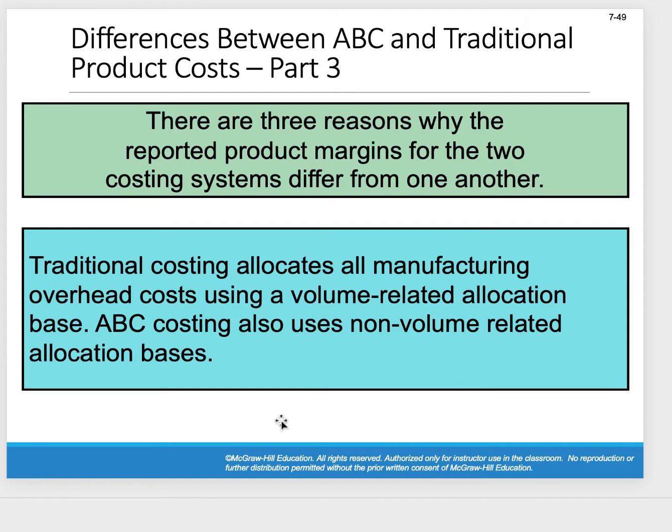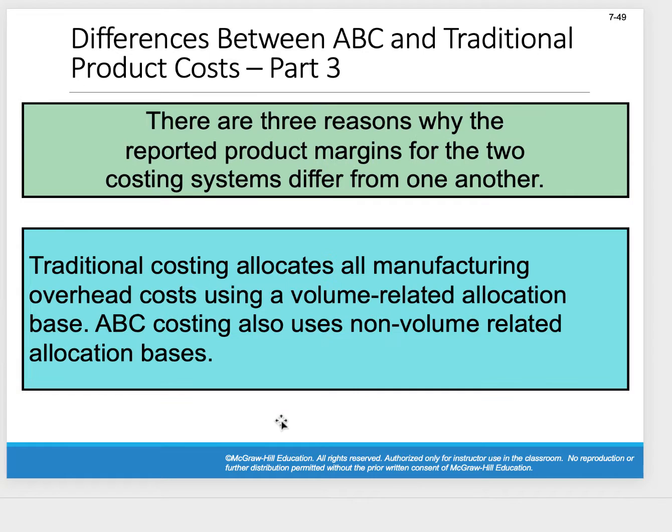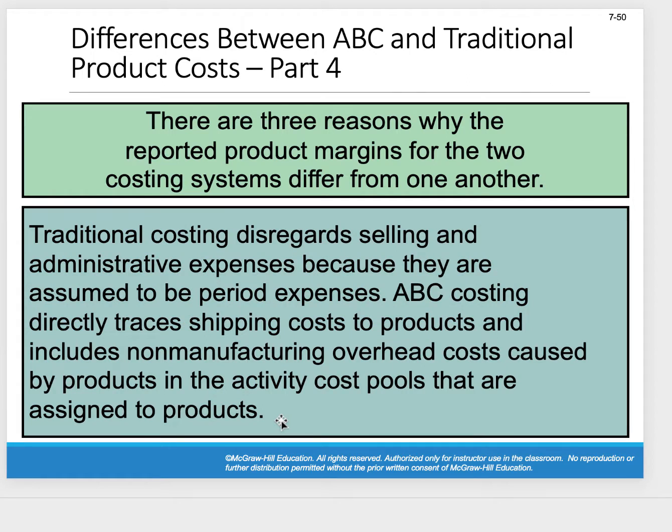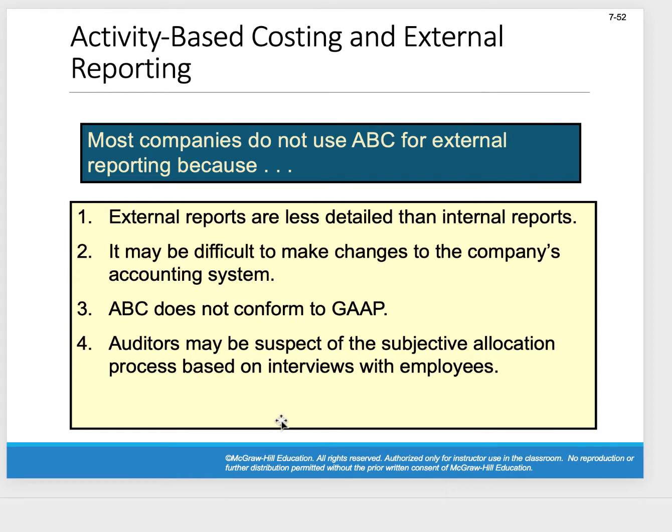I don't want to waste too much time getting into something that we should really be discussing face to face if we had that opportunity, really talking about activity-based costing and how it differs for external reporting, and why a lot of companies don't use it, and what the benefits and the drawbacks of ABC costing are. You can pull that out of the book.